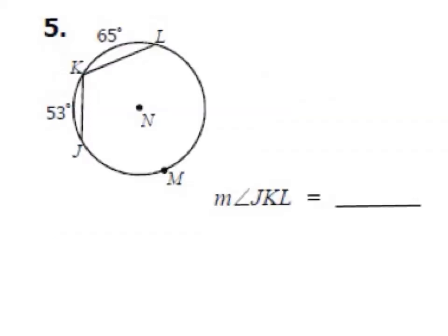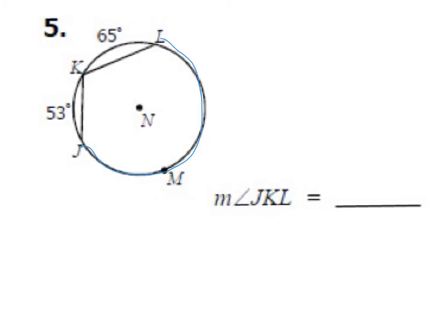The next question involves an inscribed angle. Inscribed angles are located on the edge of our circle. We know that the arc is always double the angle. So let's start off. I'm trying to find that inscribed angle, but I'd need to know what arc JML is.